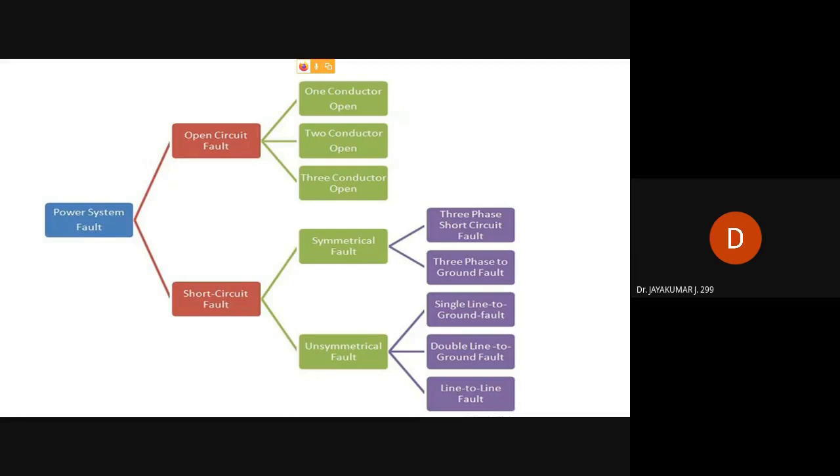It's a must. Major classification of the fault: two major classes, open circuit fault and short circuit fault. Then this is the sub-classification.